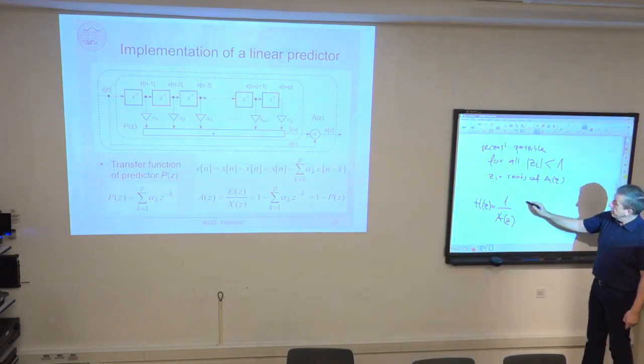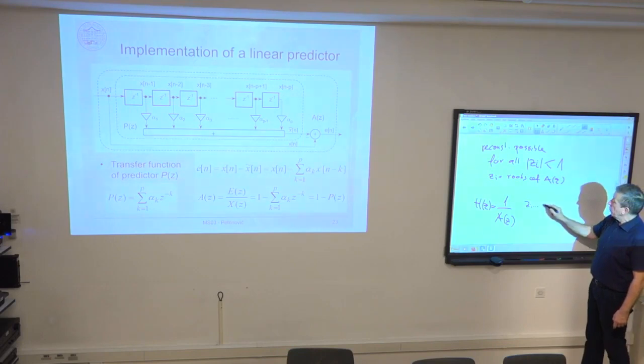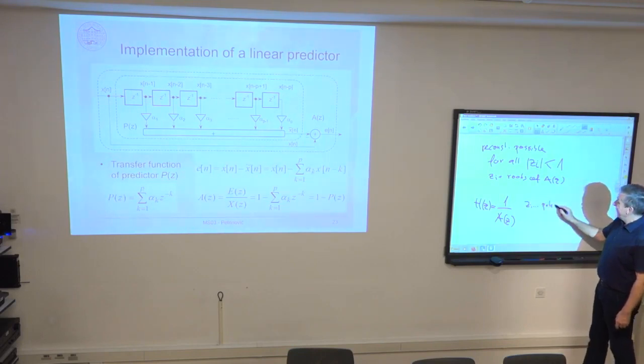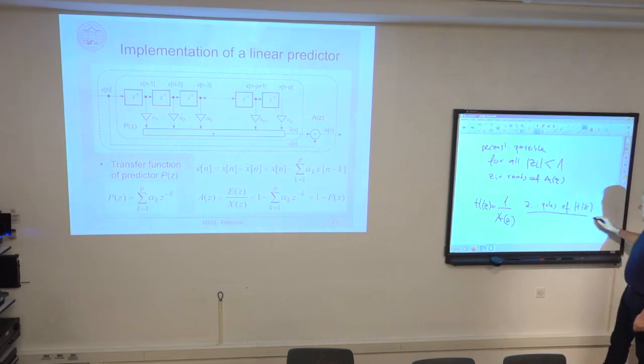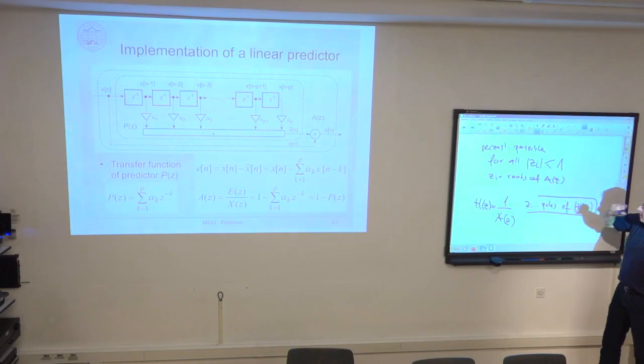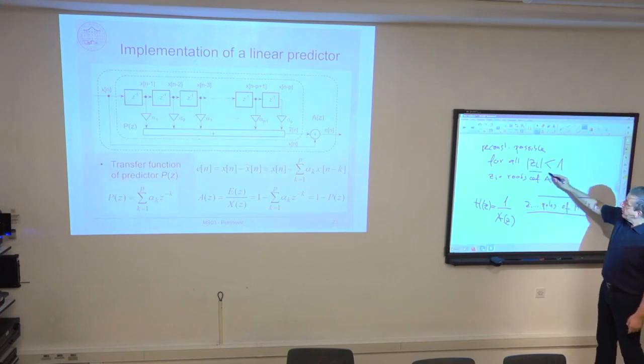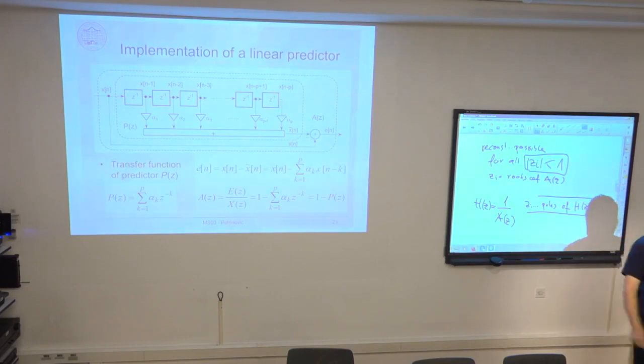So these z_i are therefore poles of H of z, and it is exactly for that reason that their magnitude must be less than unity. Otherwise, if the magnitude of the pole is outside the unit circle, greater than 1, then I will have an unstable reconstruction filter.